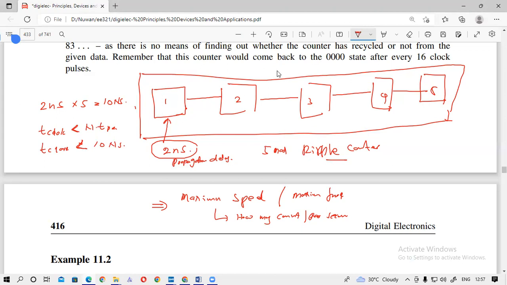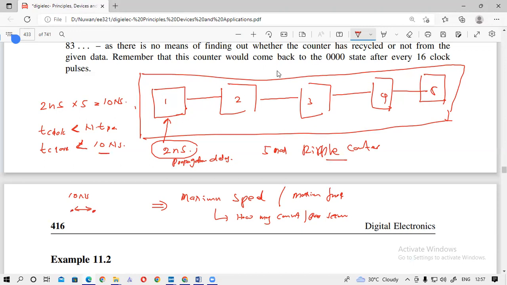So at least you need a 10 nanosecond gap between two counts.